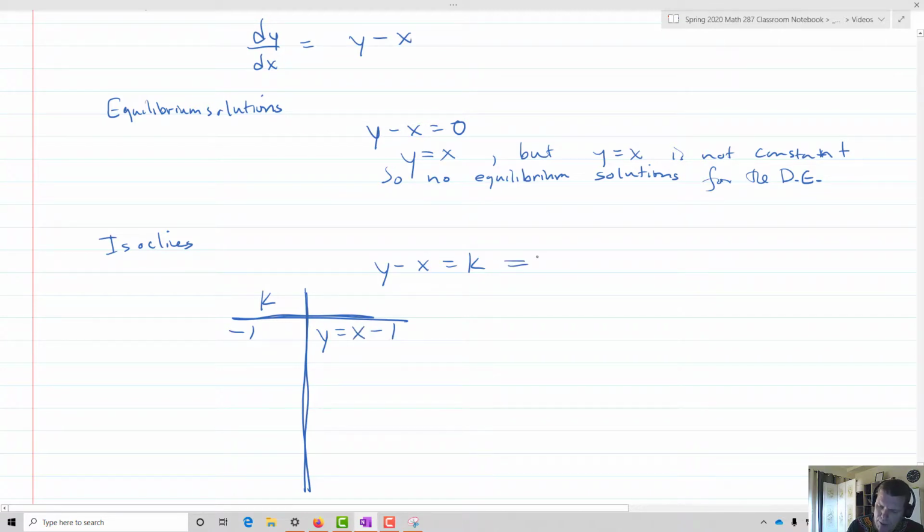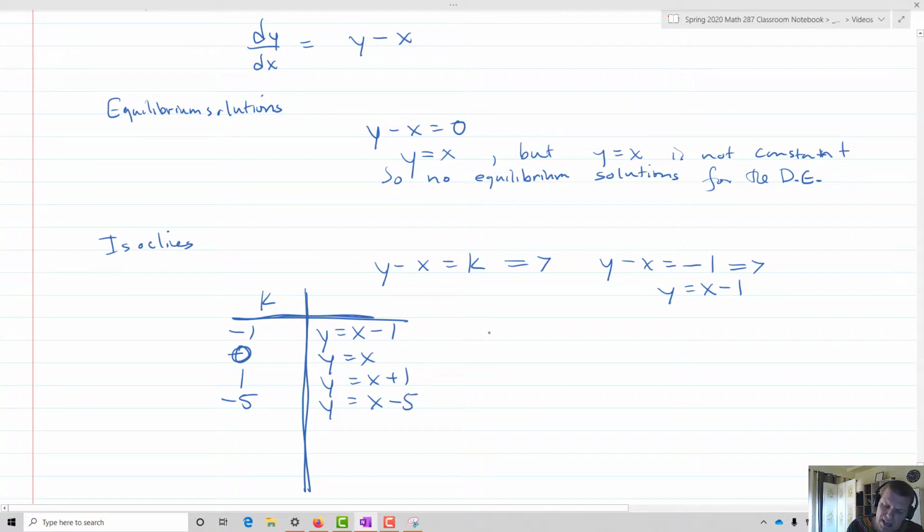Y minus x equals negative 1, and then we just do a little algebra: y equals x minus 1 by adding x to both sides. Or say, for example, if we do 0, then that gives me y equals x. We already knew that one. Or 1, that'll be y equals x plus 1 by the same algebra. Negative 5, for example, gives y equals x minus 5.